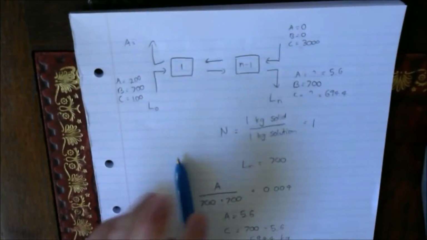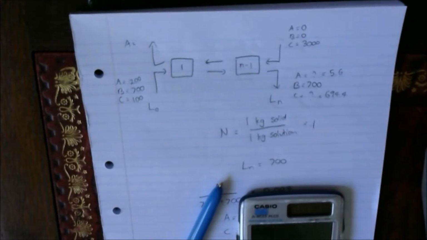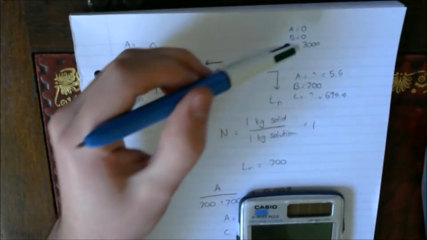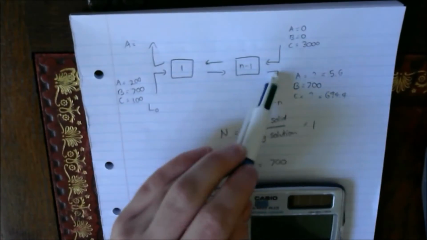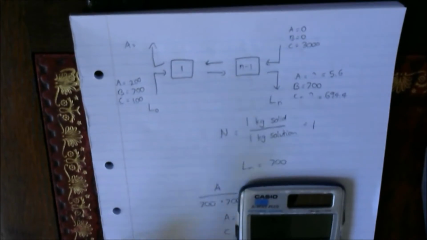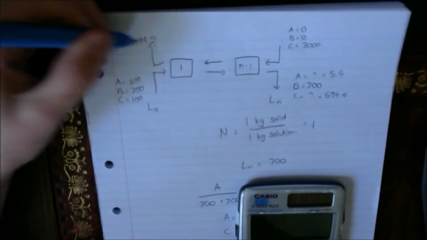So we know that A up here is going to be equal to what comes in, which is nothing up here, and then 200 in here, minus the 5.6 coming out. So we're going to have 194.4 kilograms of A up here.